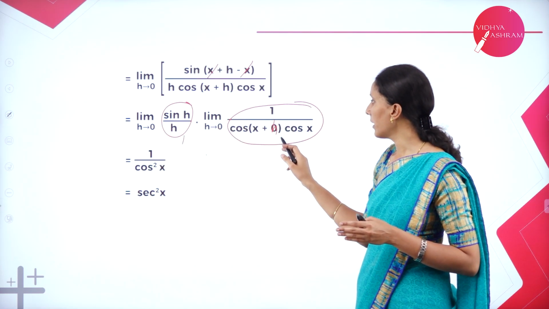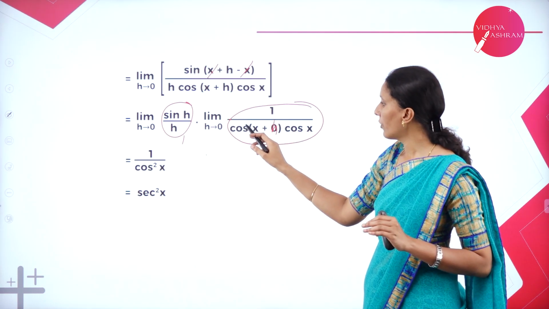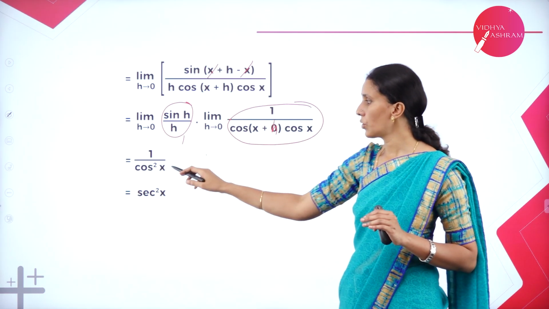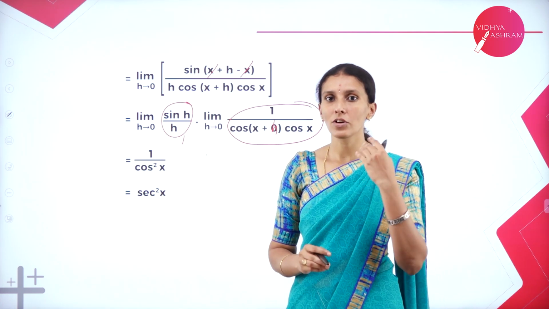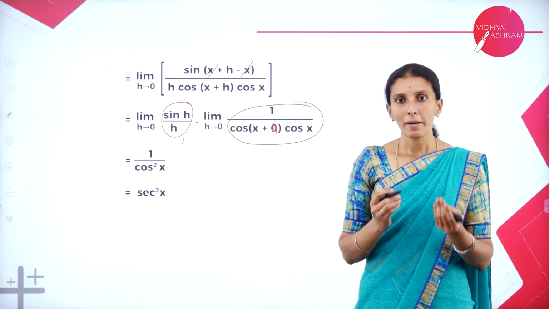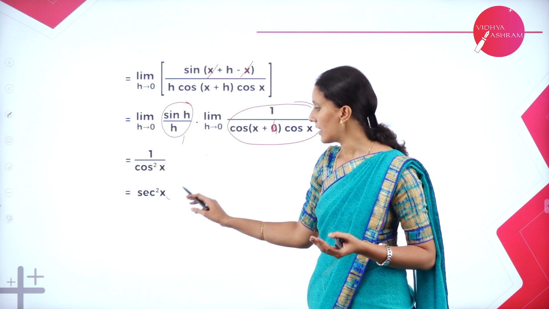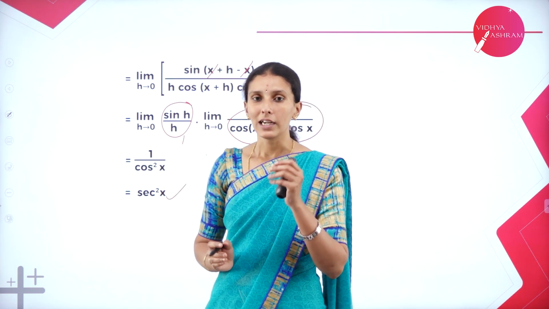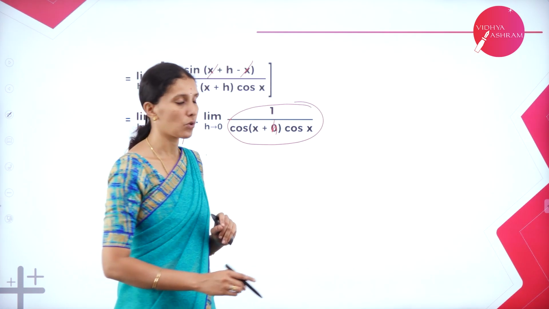And for this function, the h value is 0, so it is cos x into cos x, which becomes 1 by cos square x. We know that the secant function is the reciprocal of the cos function. So 1 by cos means secant x, and 1 by cos square means secant square. Therefore the derivative of the tan function is always secant square x.